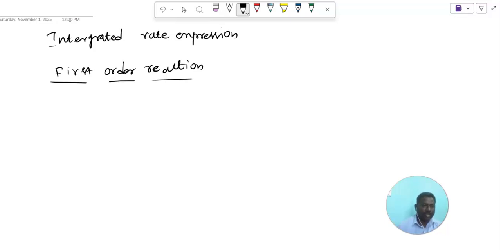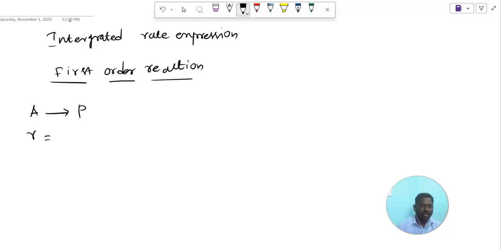So consider a reactant A gives product. We have seen rate of the reaction in the last video. So how to write rate of the reaction for this?